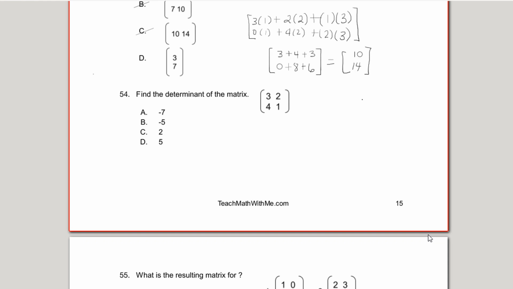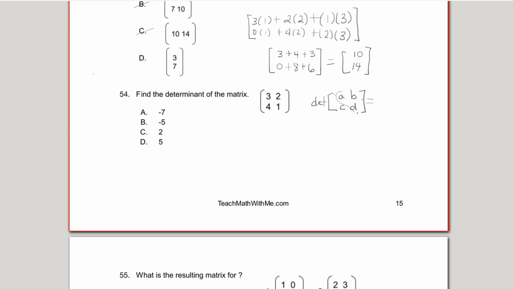Question 54, we're asked to find the determinant of the matrix. So when we have a matrix here, we have values in here, but I'm just going to rewrite this as A, B, C, D, where those represent values in a 2 by 2 matrix, 2 rows by 2 columns. To find the determinant of this matrix, we're going to do some multiplication.